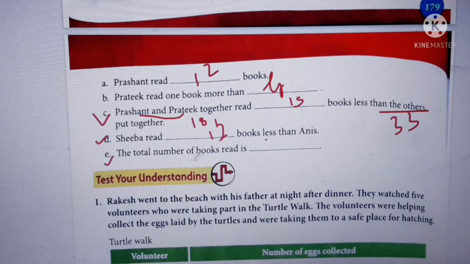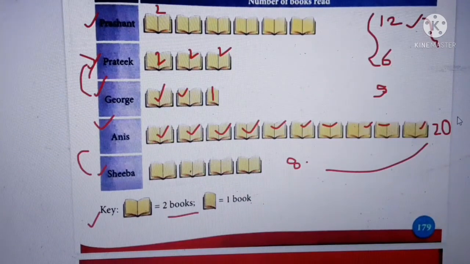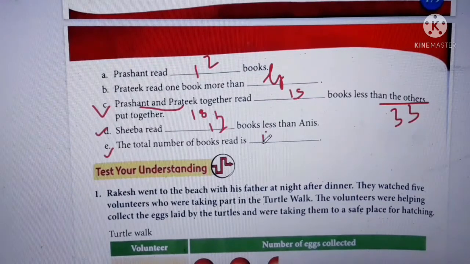Then the fifth one, the total number of books read is. That means you are going to add all the numbers: 12 plus 6 plus 5 plus 20 plus 8. After adding all these numbers, children, see what sum you get. The total number of books read is.